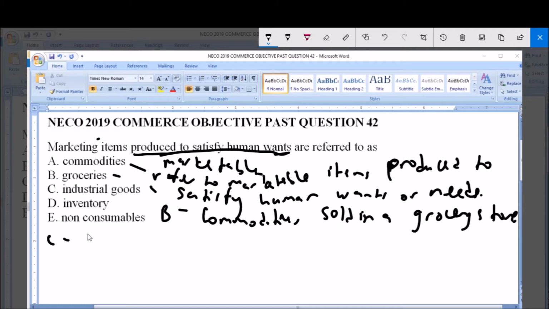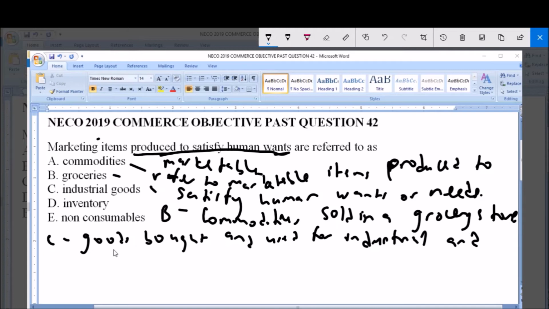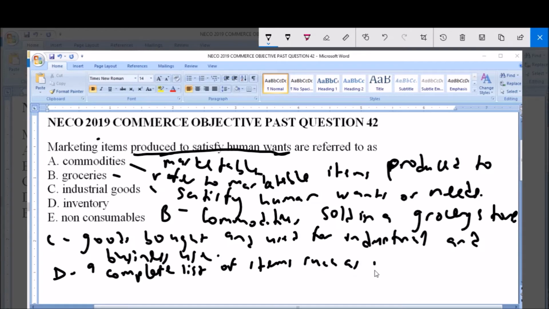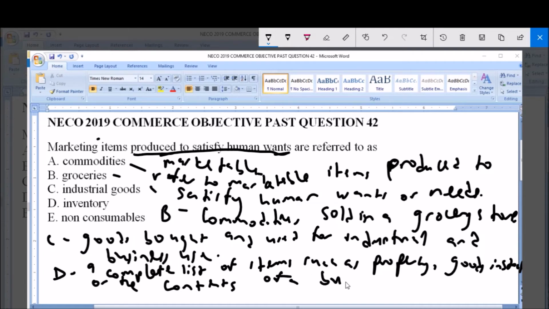Option C, which is industrial goods, refers to goods bought and used for industrial and business use. Option D, inventory, means a complete list of items such as property, goods in stock, or the contents of a building.